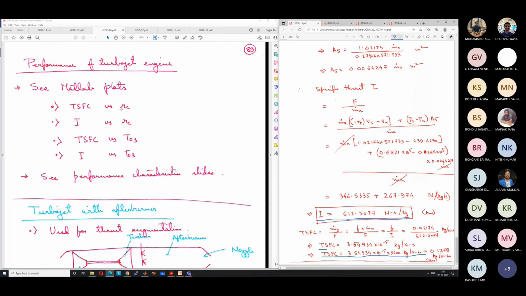So by taking a different value of RC, we will find out what is the value of TSFC and what is the value of I. Then again, we will take a different value of RC. Again, we will find out what is the value of TSFC and what is the value of I. And then we will see how these plots look like. Okay. So this is how you draw the characteristics of an engine. Okay, performance characteristics of an engine. Let us see that.